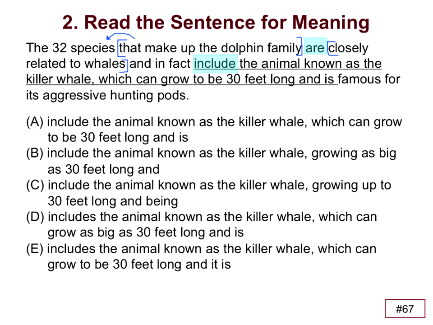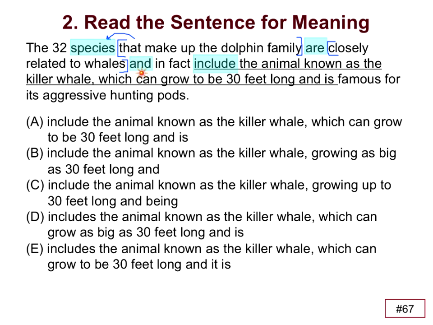Check it out. They've got the word and here. What does that do? What does that signal? And is something called a conjunction, and it signals parallelism. Good. And so in this case, what needs to be made parallel to what?